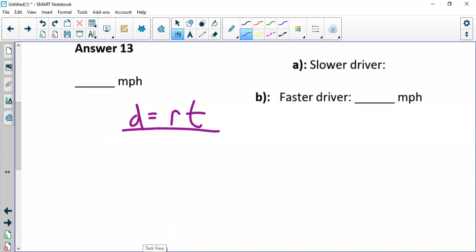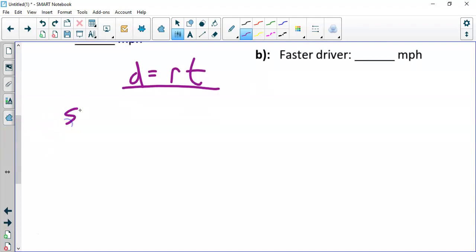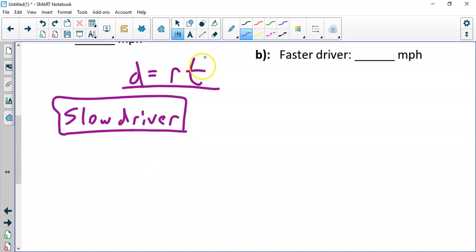And we have 2 drivers, and we're going to fill in what we know. Okay? So we've got our slow driver. And we got our fast driver.